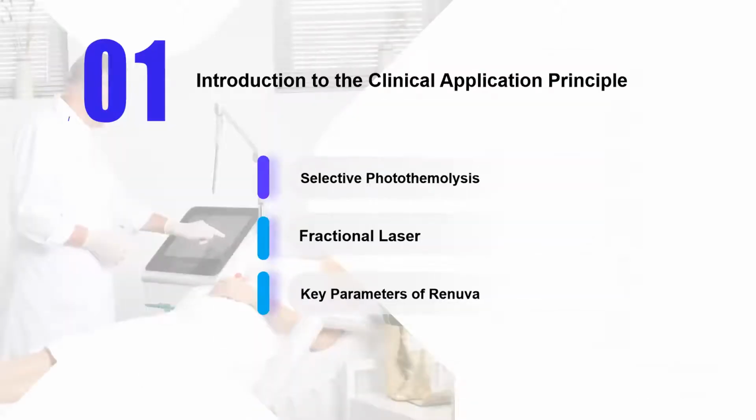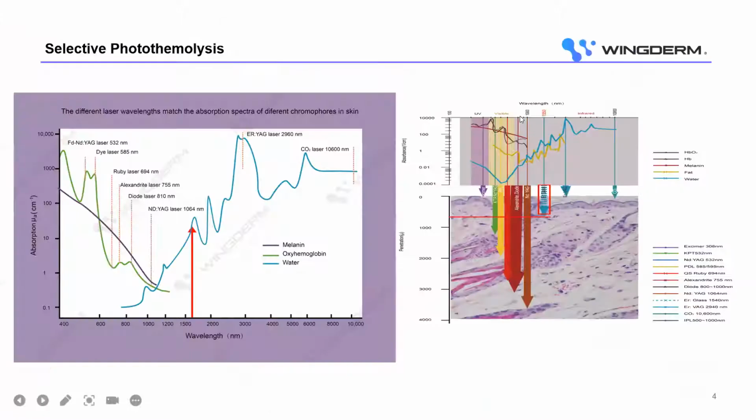For the first part, it's about the selective photothermolysis and fractional laser key parameters of the Renuva. Based on the selective photothermolysis theory from this photo, at 1550 the absorption of the melanin and the HbO2 is relatively low.